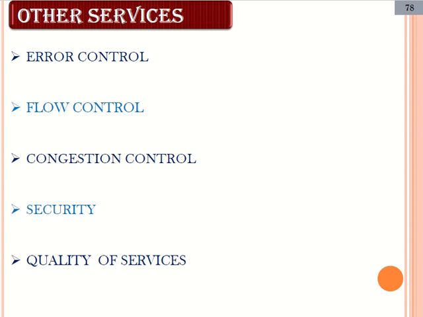And the last one is quality of service. As the internet has allowed new applications such as multimedia connections, the quality of service of the communication has become more and more important.